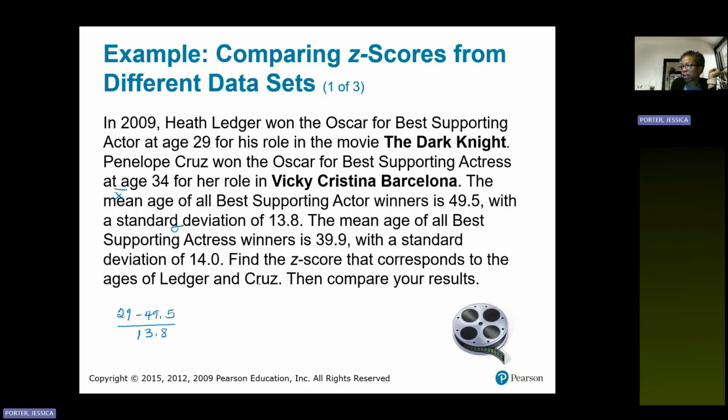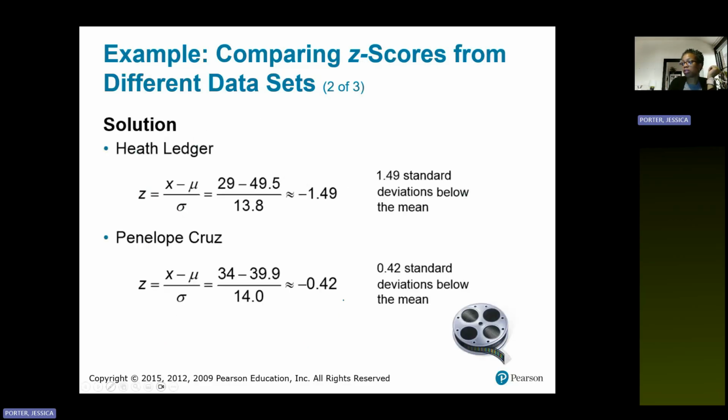And then you're going to do the same thing for the Best Supporting Actress. So that would be 34 minus 39.9 all over 14. And then we'll compare our results.